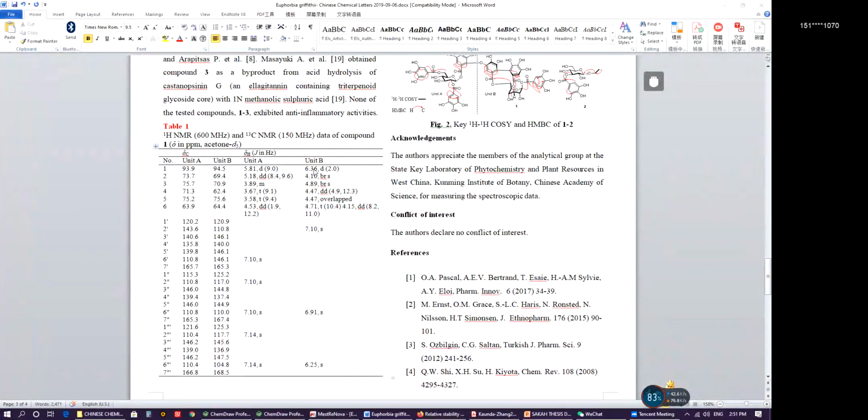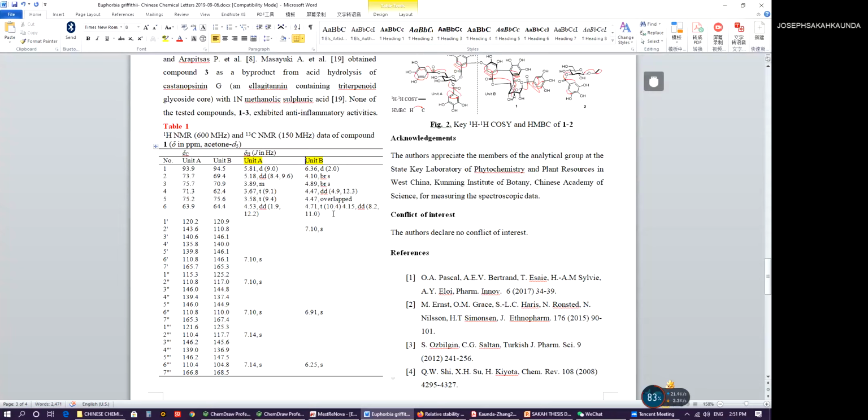Now, our glucose values from carbon 1 to 6 are unit A. Let me highlight it, just yellow. And unit B is assigned clearly here. So you can see the anomeric proton of glucose unit B, 6.36, J value is 2. This one is 5.81, J value is 9. And then we have as follows.